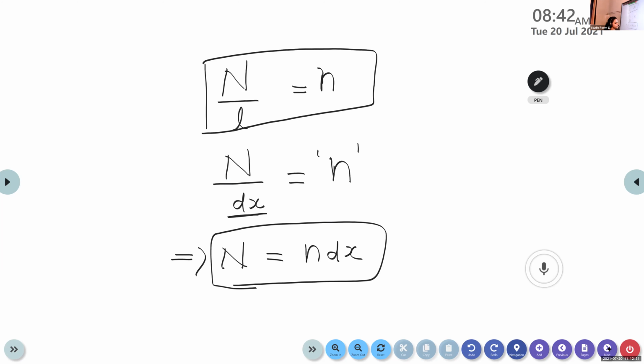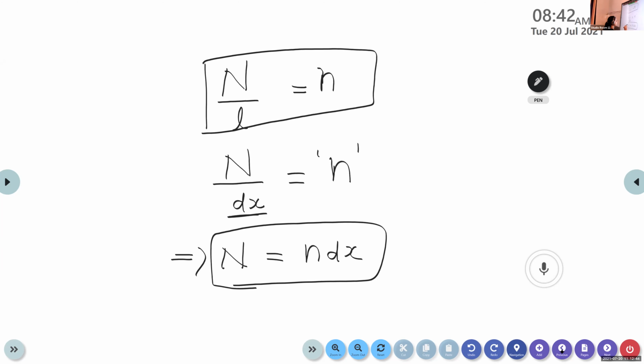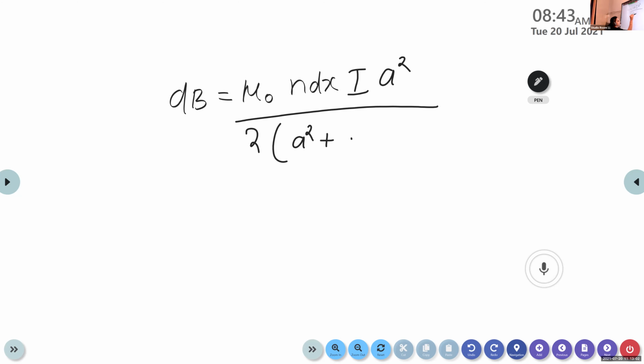So our equation becomes dB is equal to mu0, instead of capital N, we can write n dx, because from the previous equation we have capital N equal to small n into dx. Substituting the value of N in this equation, it becomes mu0 n dx I a square divided by 2 into a square plus R minus x the whole square, the whole raised to 3 by 2.